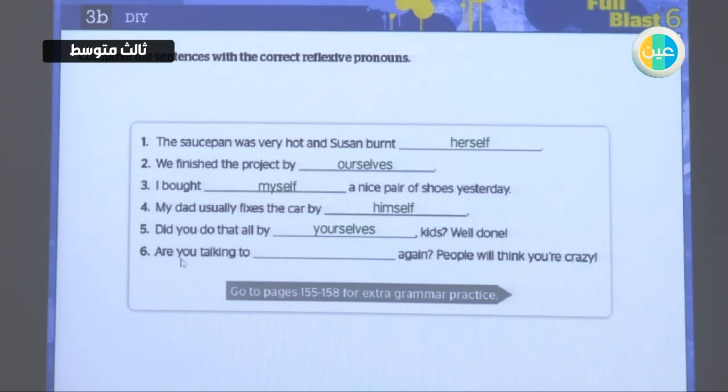So, are you? The correct answer will be yourself. Are you talking to yourself again? People will think you're crazy. You have extra grammar practice related to the reflexive pronouns at page 158.